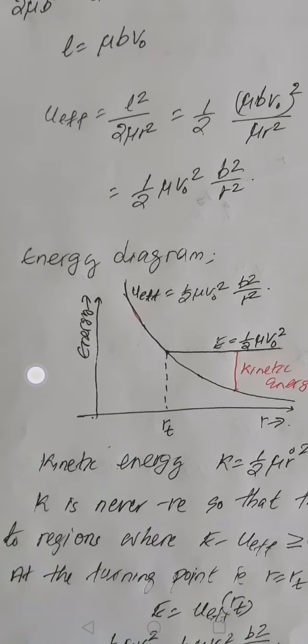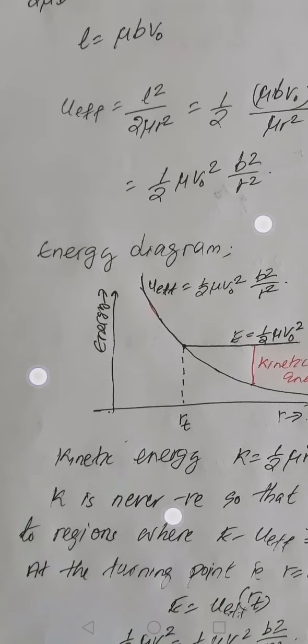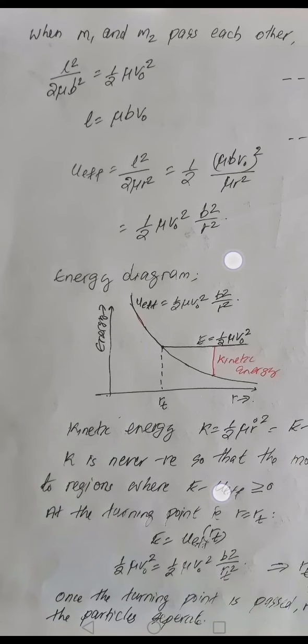When r is very small, U effective is very high, and this is the curve. We know E is equal to half mu v0 square. That is a constant value that depends on v0. Suppose this is the energy here, E equal to half mu v0 square, and that is a constant, therefore it is a straight line.